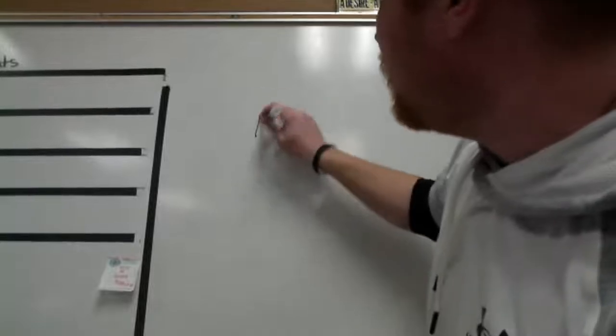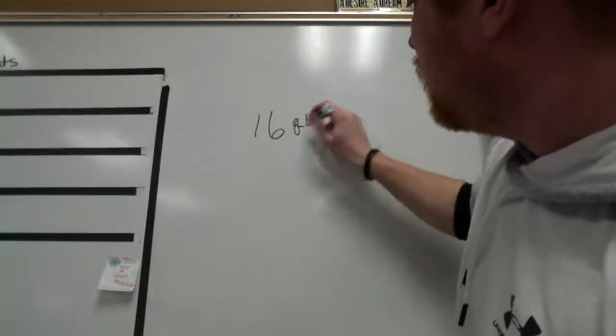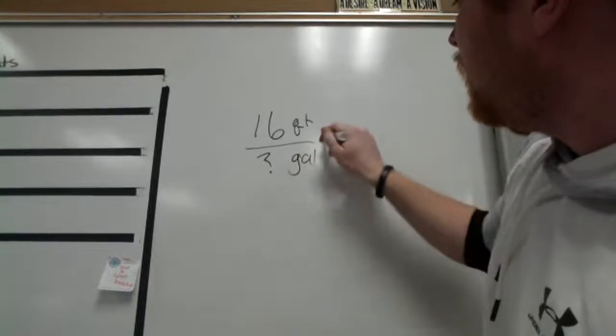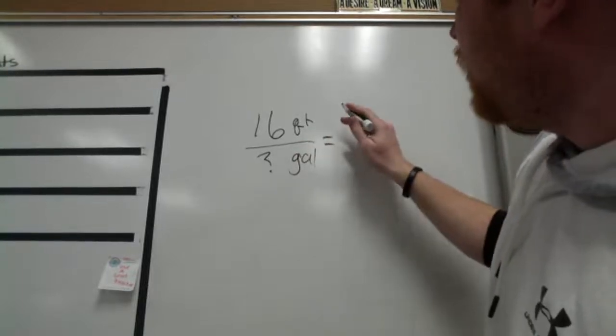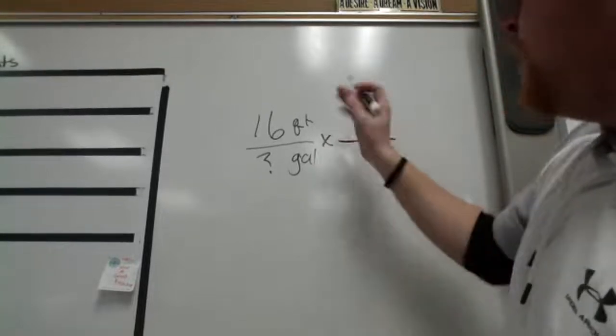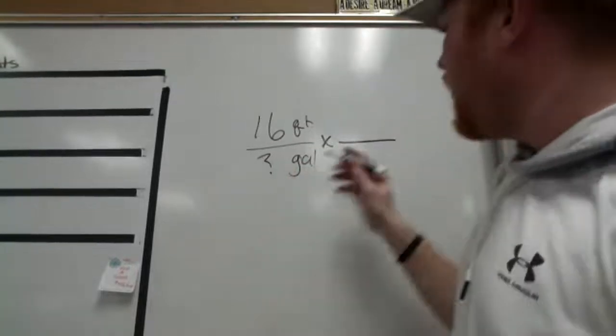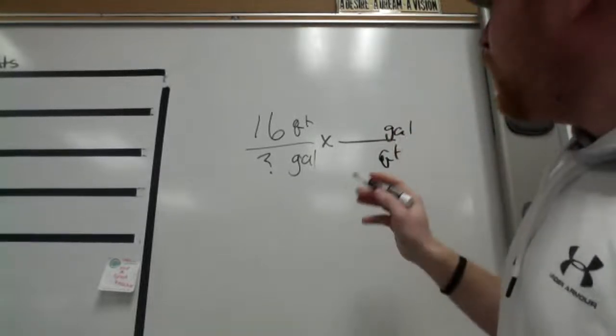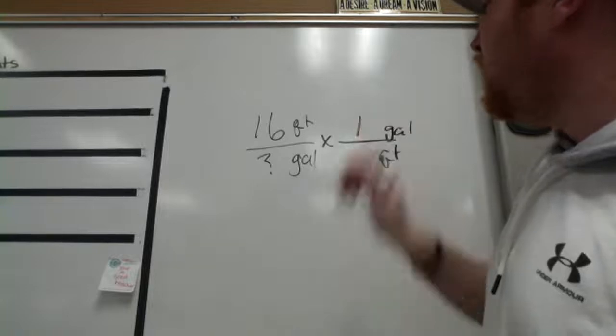So you have 16 quarts, and we don't know how many gallons that is. Actually, you have to multiply. And then we flip-flop, so the quarts go on the bottom and gallons go on top. And we know that a gallon is bigger than a quart.